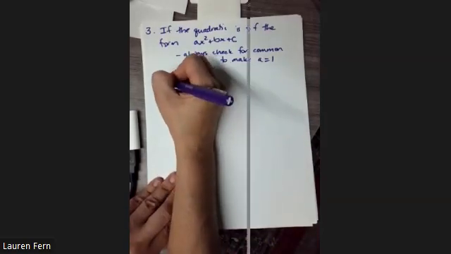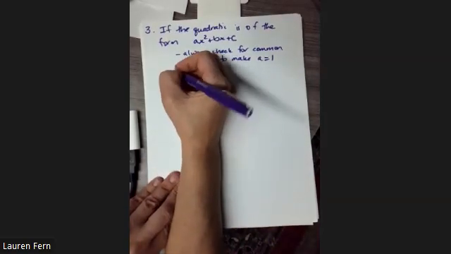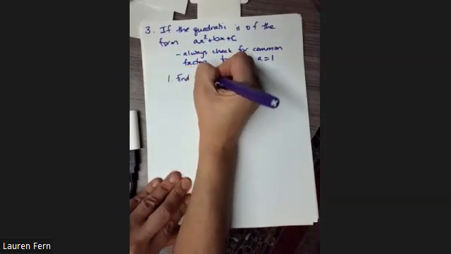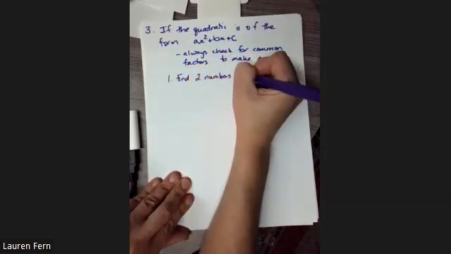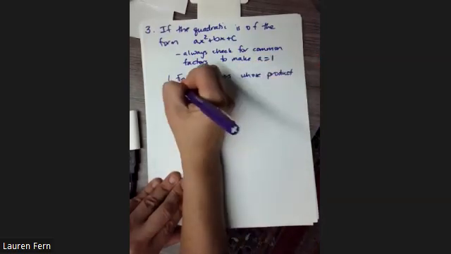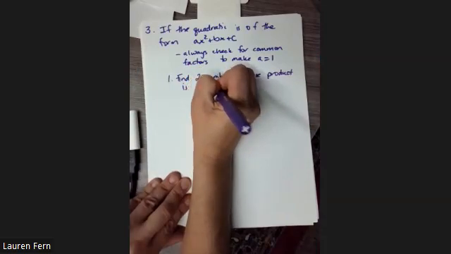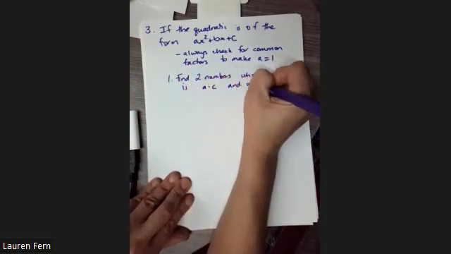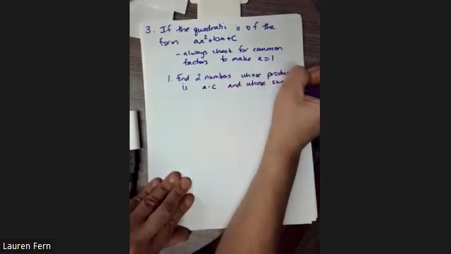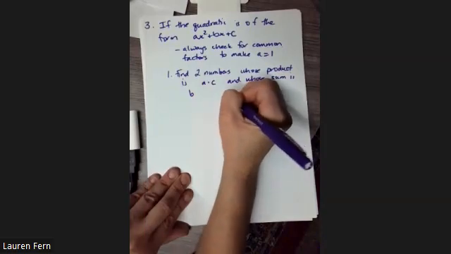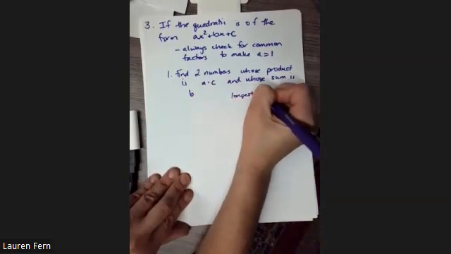So our steps here then are as follows. You want to find two numbers whose product is A times C and whose sum is B. This is the longest step.